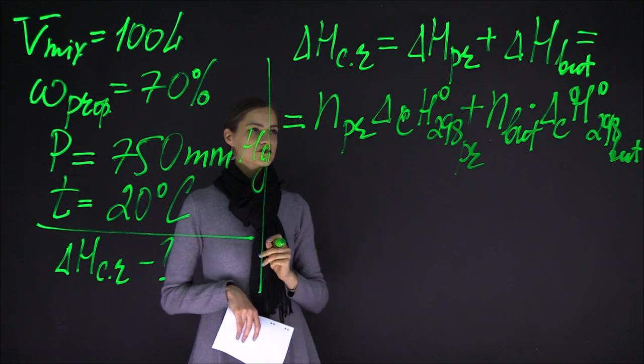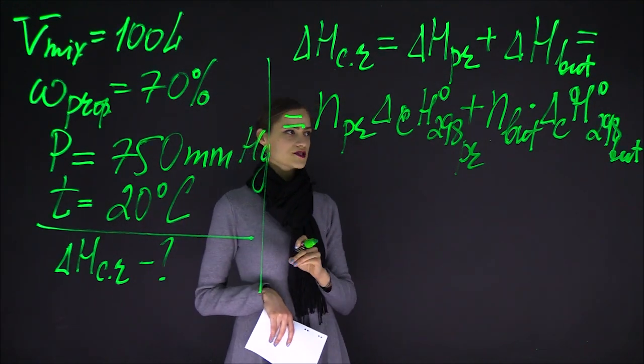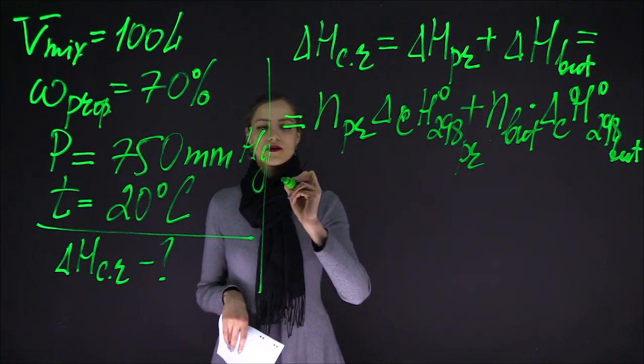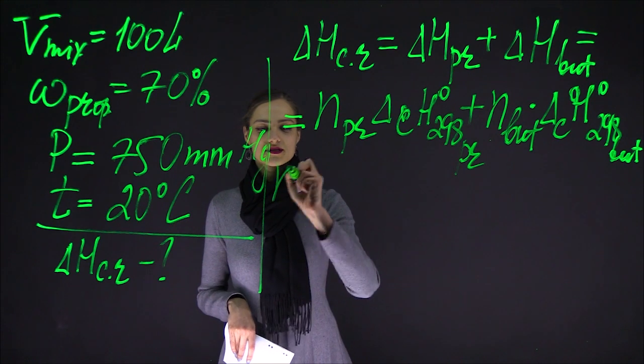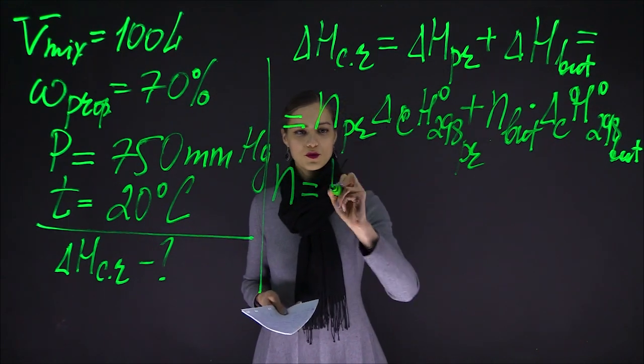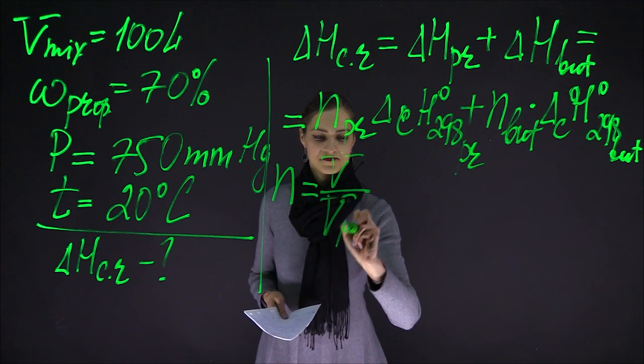To calculate the number of moles, we need to use normal conditions and the joint gas law. We remember that the number of moles is the volume of gas over the molar volume.